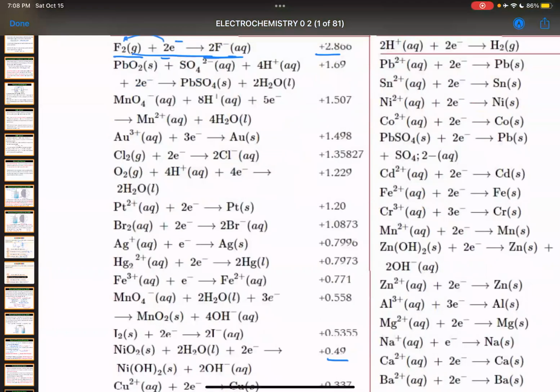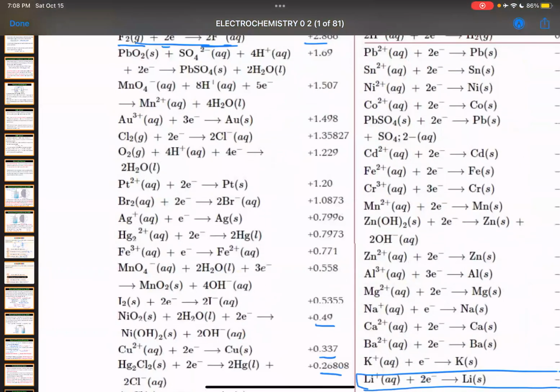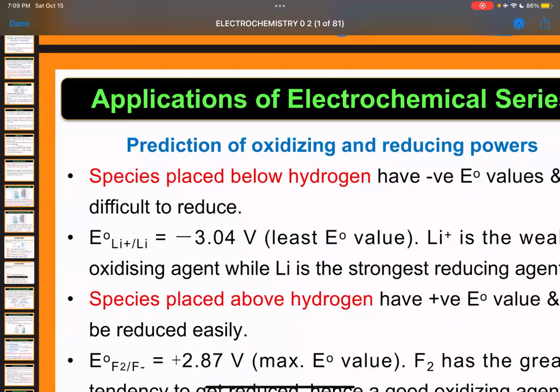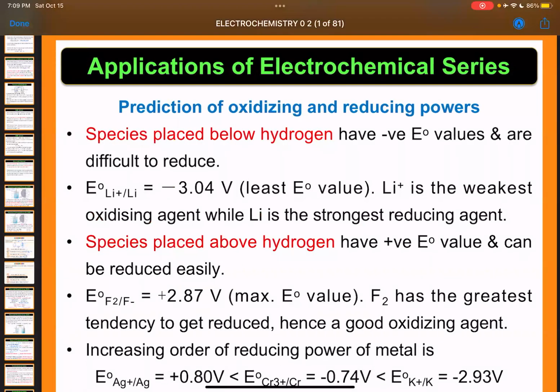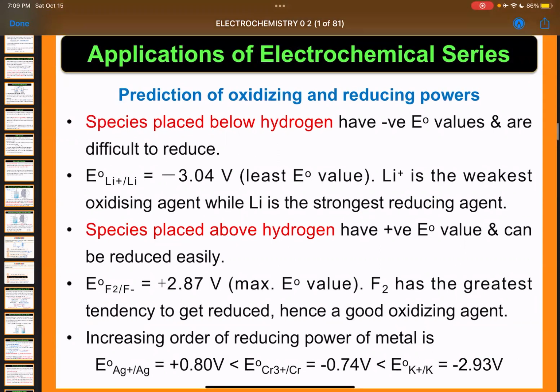Clear? So mostly your first questions which you are going to face are related to this electrochemical series and its application, right? Any doubts in this? I am assuming that you have studied, but if you want to know anything, just stop me and tell me, I will explain, no problem.